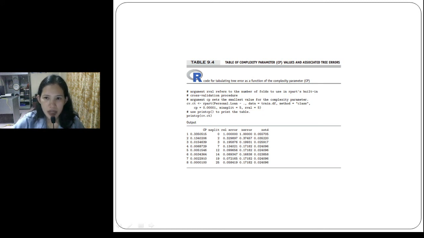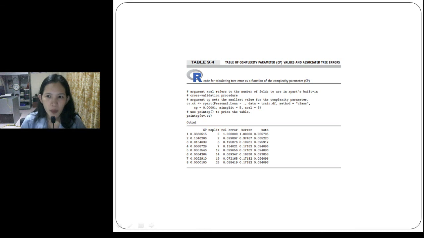For 8 trees of increasing depth grown on the Universal Bank data, we can simply choose the tree with the lowest cross-validation error, or xerror. In this case, the tree in row 6 has the lowest cross-validation error.